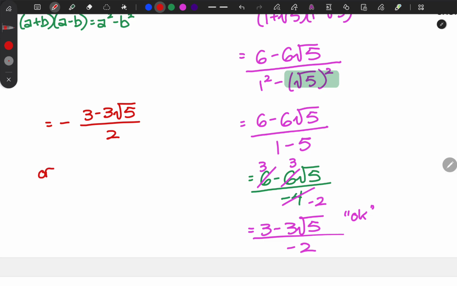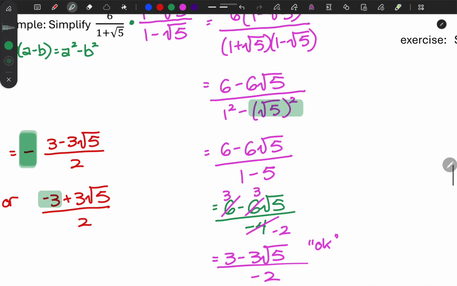Or we may distribute that negative sign into the numerator and change the signs in the numerator to have negative 3 plus 3 root 5 over positive 2. And both of those are more likely to be something you will see. The last thing I'd like to point out for this is be very precise in where you put your negative sign. A negative sign in front of the 3 is just for the 3. A negative sign in front of the entire term, like we have here, is for the entire fraction there.